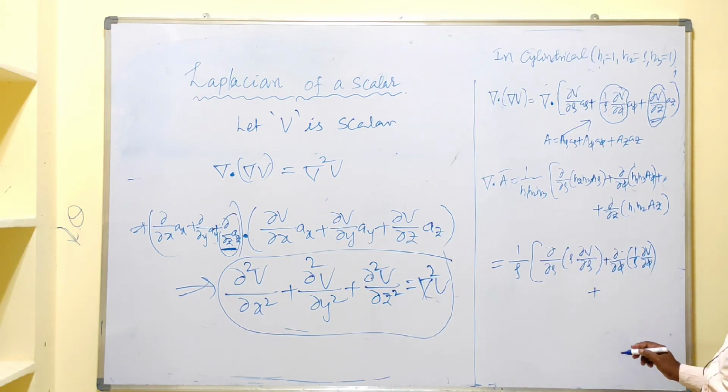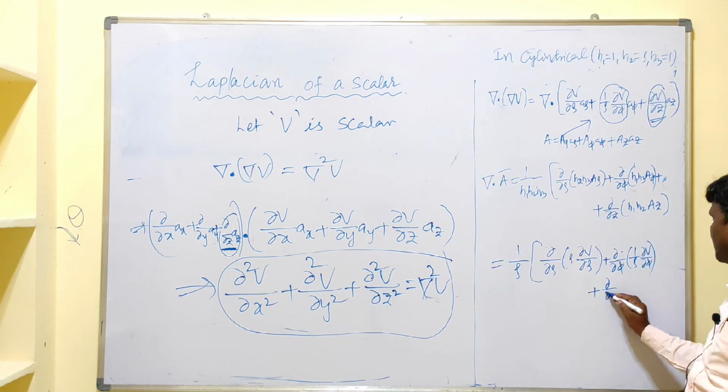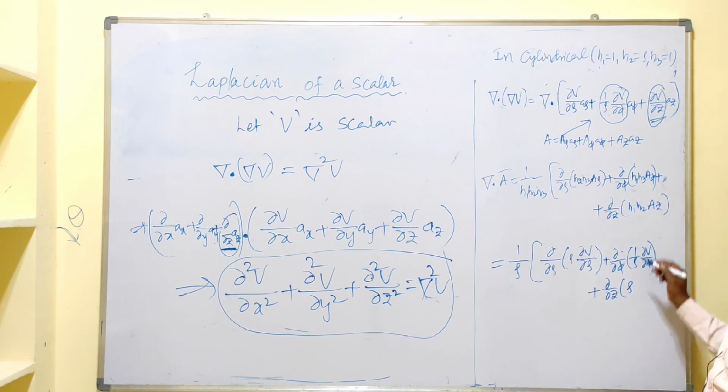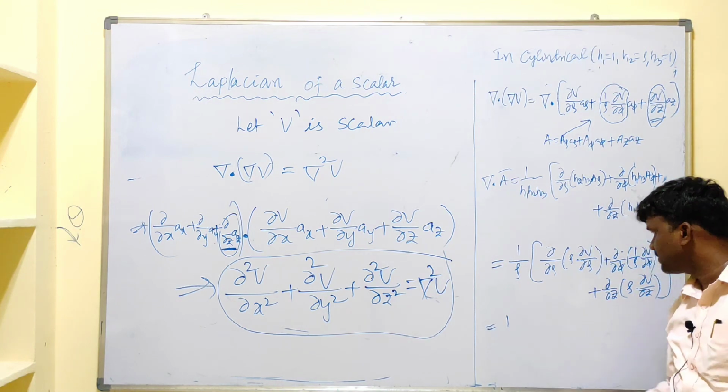∂/∂z of h1 h2, what is h1? h1 is 1 and h2 is rho, Az means that is ∂V/∂z. Now simplify this one, actually it is partial differentiation.